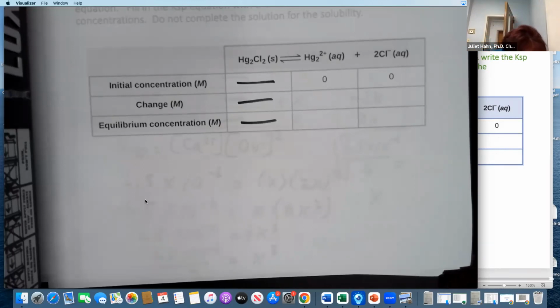The only thing is that I didn't ask you to do an ICE table, but you can do this without writing the ICE table, honestly. It's kind of easier if you see it in an ICE table, but you can do it without writing one out. Are you guys getting done here or almost done?